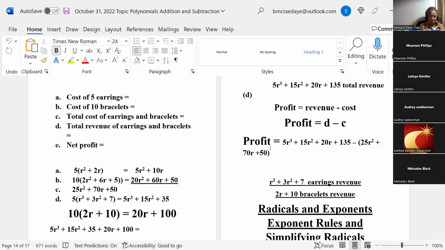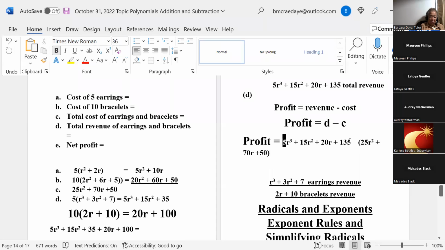Here it is, right here. Revenue is this whole expression here. We already calculated it: 5R to the third plus 15R to the second plus 20R plus 135. We calculated the total cost. That's 25R to the second plus 70R plus 50.